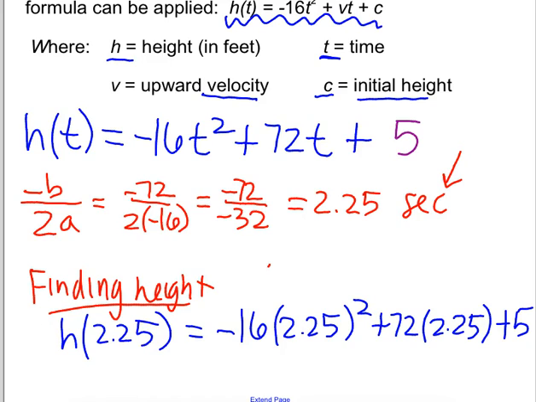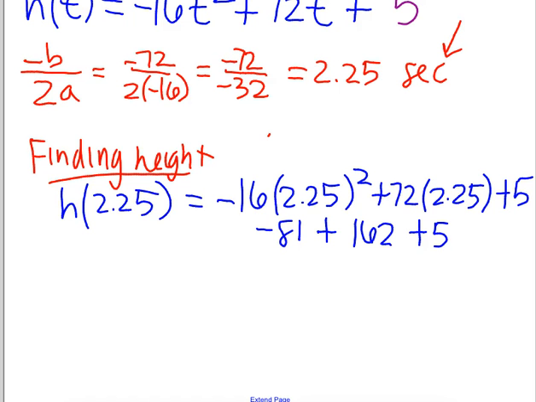So negative 16 times 2.25 squared is negative 81 plus 72 times 2.25 is 162 plus 5. Now adding those three numbers together, we get a total height of 86 feet.